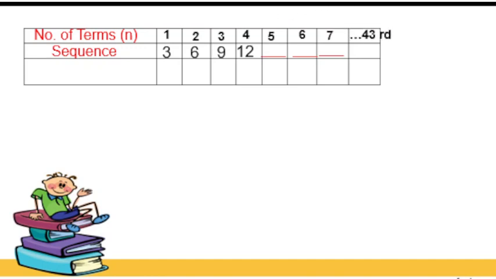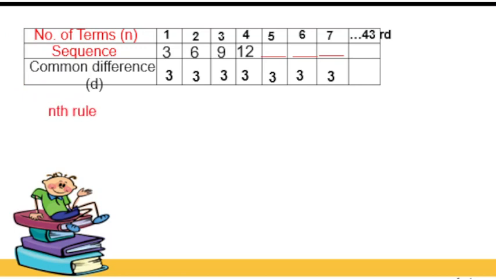And we have to get also the 43rd term. Let's get the common difference. 6 minus 3 is 3. So they're all 3.